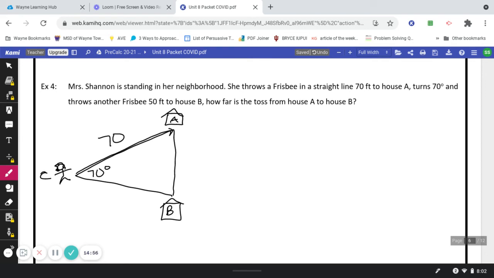So 70 degrees will be capital C. And then I throw another Frisbee this direction, 50 feet to house B. And we need to know how far the toss is from house A to house B. We want to know this, right? And if that's what we want to know, we're actually going to be looking for side C.